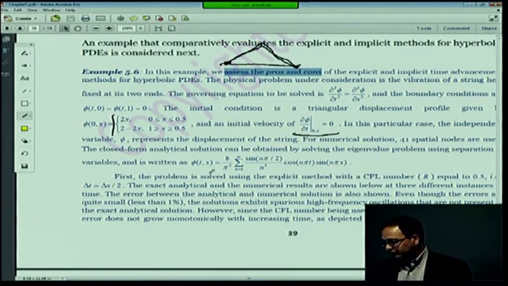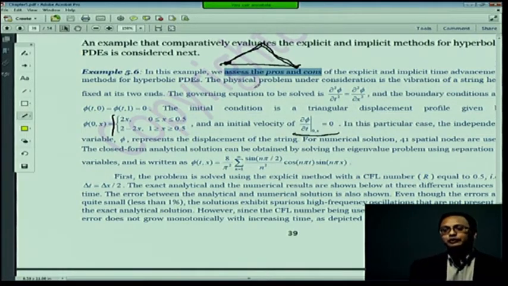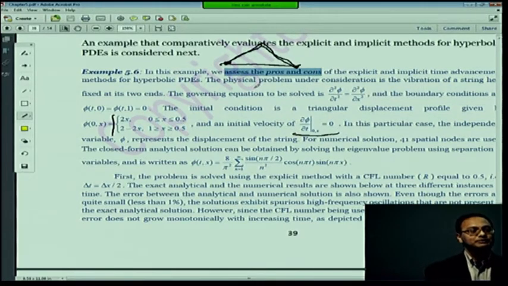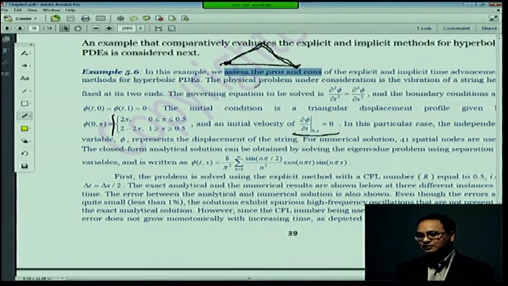So the analytical solution. Now these types of partial differential equations, there are two ways of solving them analytically. One is to do separation of variables, which many of you are familiar with. Anybody who's taken partial differential equation classes? Yeah, so you must be familiar with separation of variables. So you can use separation of variables for this solution. The other way of solving this is what's called the D'Alembert solution.